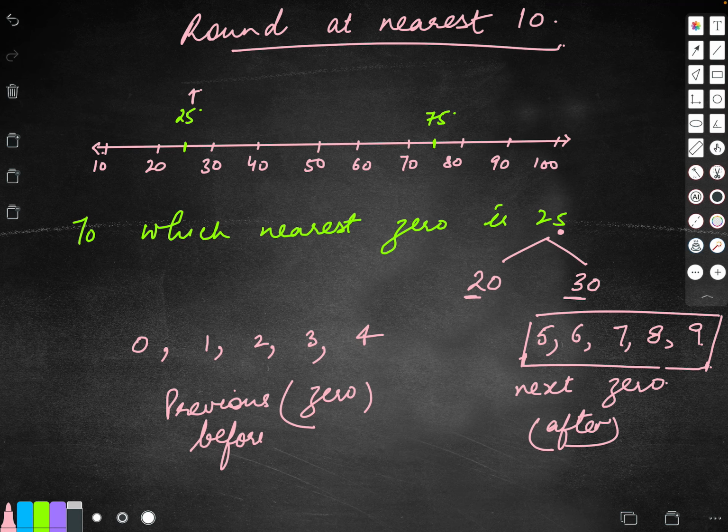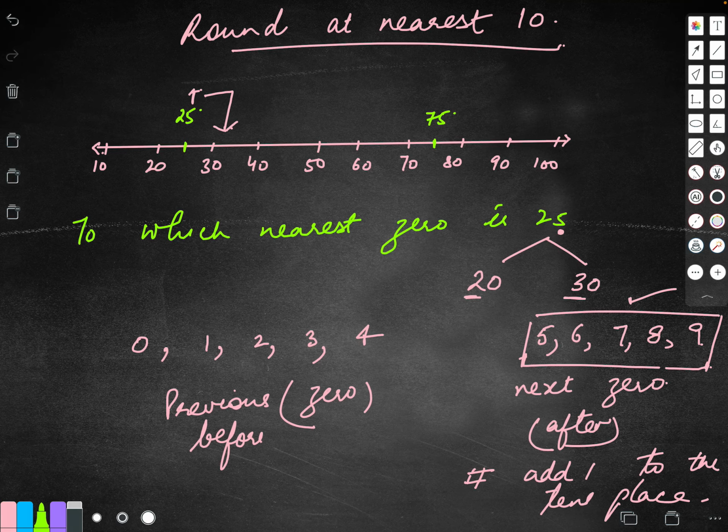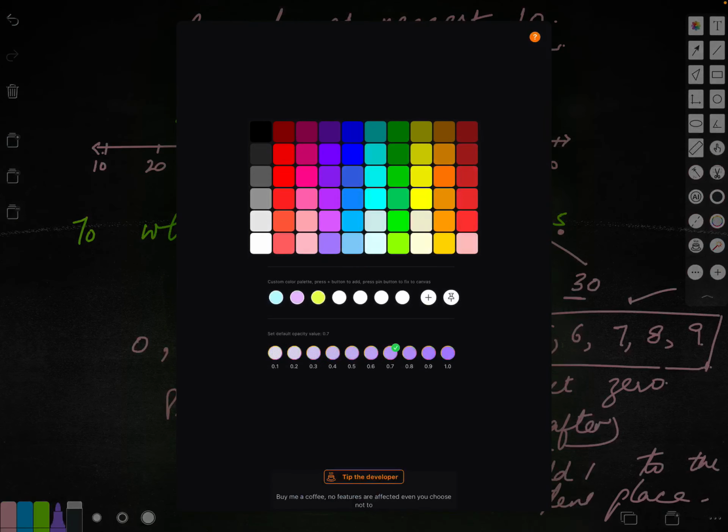In the case of 25, the digit is 5. It comes in this box. So I will add 1 to the tens place. In some words, we also say add 1 to the tens place, and what do I get? I get 30. So this will be nearing to 30. Right, children?